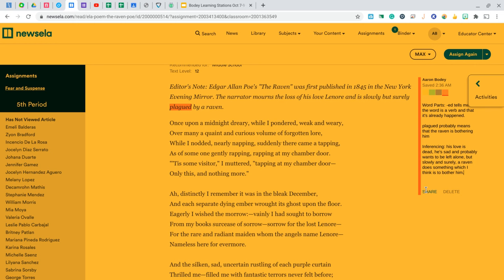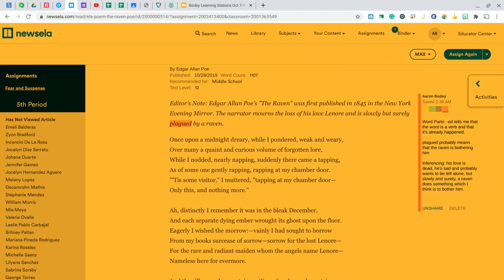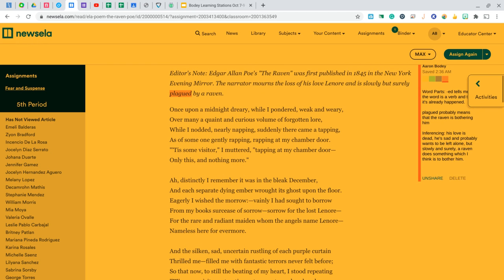And then I could share that with y'all. Whoever reads that poem will be able to see me modeling that, and you can also go and look at it and see my thought process there. But I just want to take a second and model for you the thinking we have when we're looking for different types of context clues.